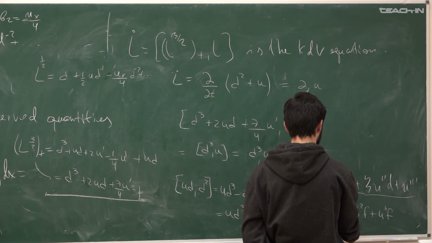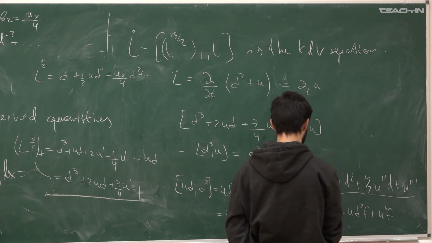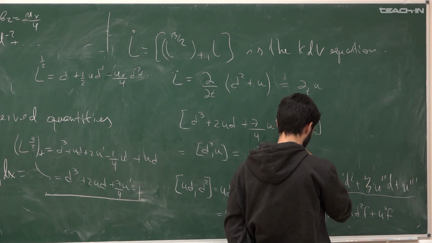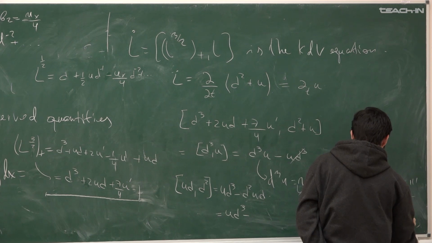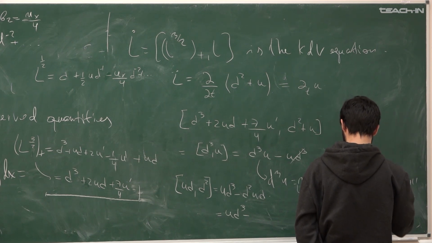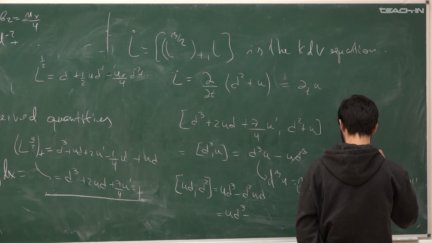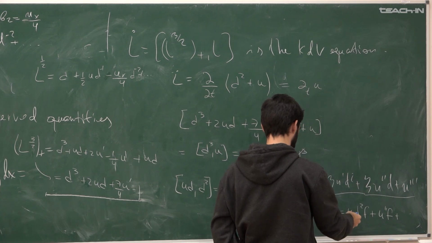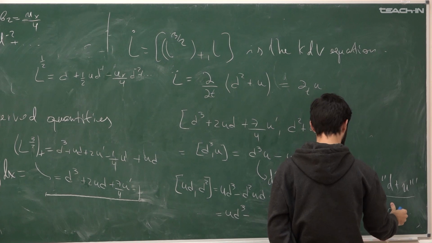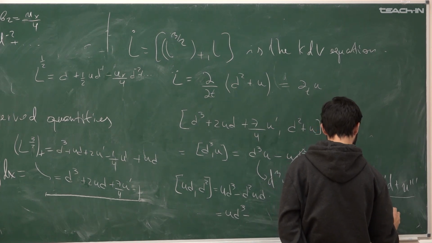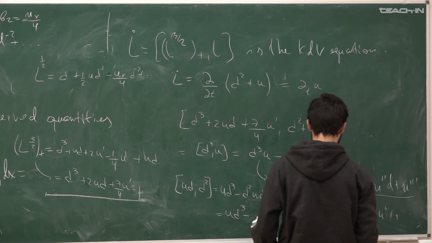So we have the first one. I think it's minus UXX D and 2UX D squared.